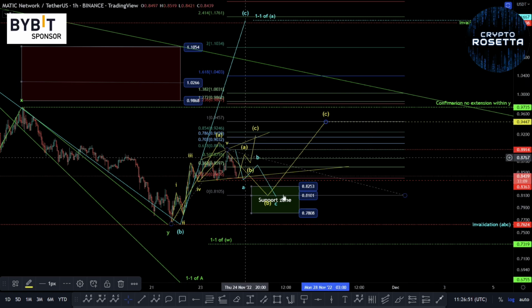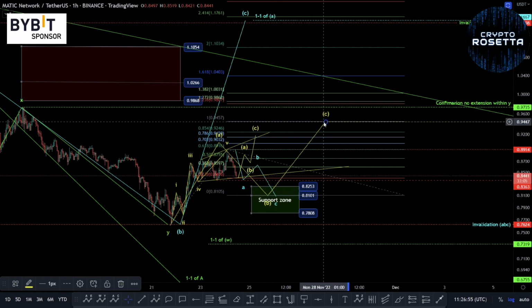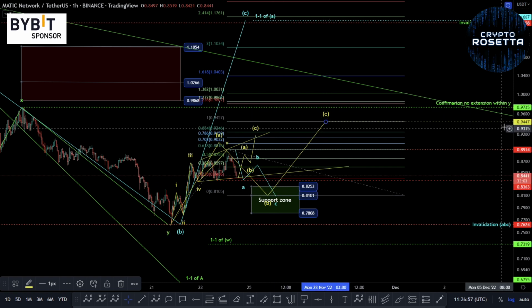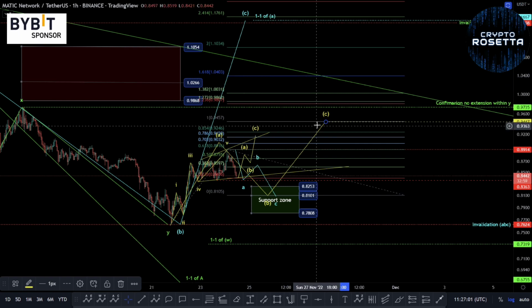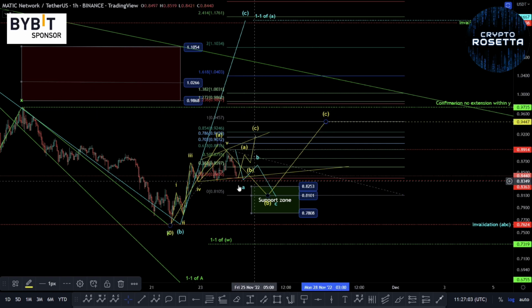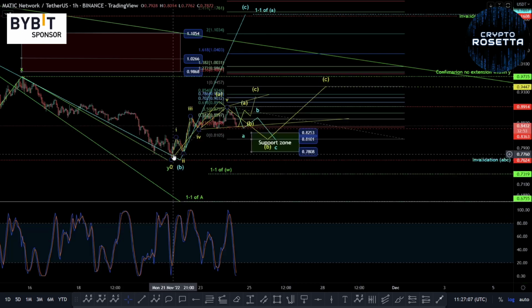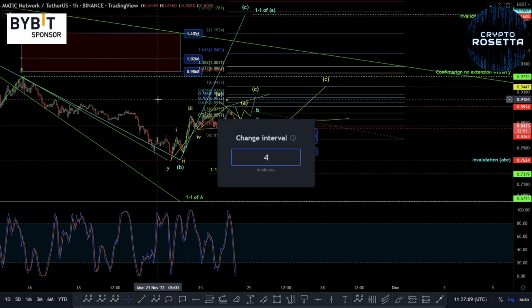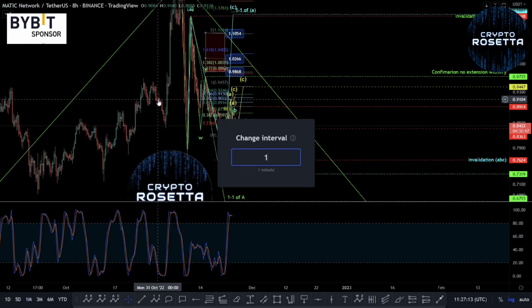If we retraced into the 618 area and went past this 94.47 area, up past this $1.04 area, we could be potentially looking for a bigger impulsive structure here. The only thing is that I'm not sure if the stochastics would support a bigger move up like that.